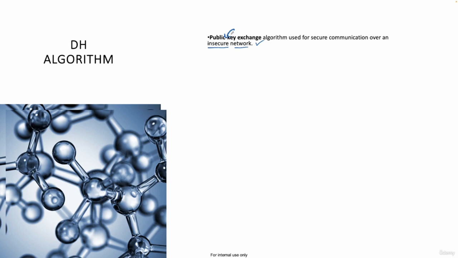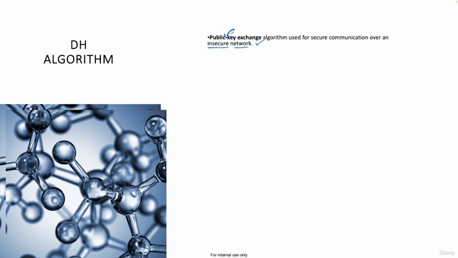Now that is another thing that we need to understand here, the usage of the Diffie-Hellman algorithm. With RSA, we figured out that RSA can be used for encrypting messages, and it can also be used for digital signatures. With DSA, we figured out that it is an algorithm which is mainly used for digital signatures.